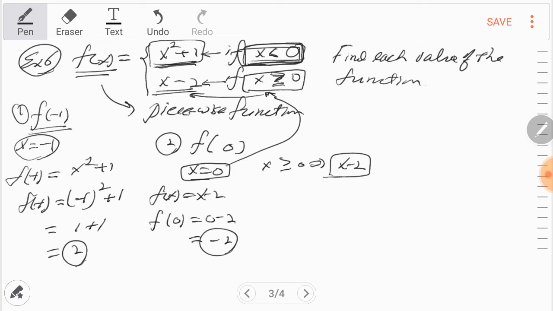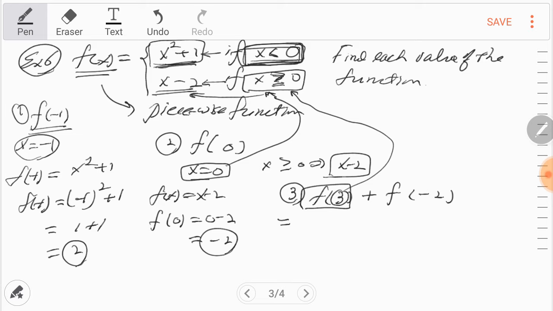Okay, how about trying this one? f of 3 plus f of, let's say, -2. The first function is f of 3. So let's find the value of f of 3. The input is 3, then 3 belongs to the second condition. So we will use the second expression, 3 minus 2, plus, for this value, x is -2.